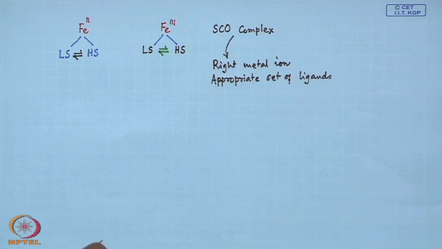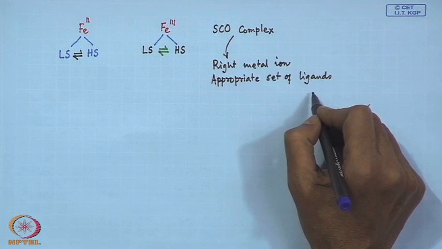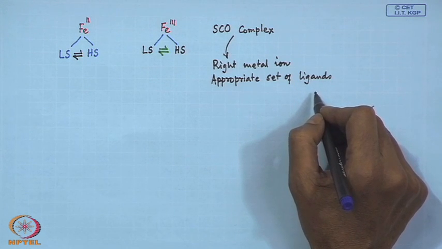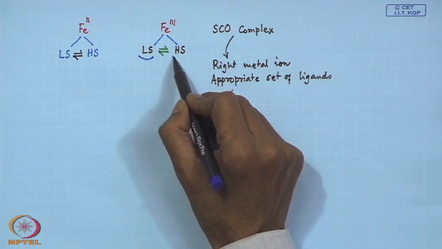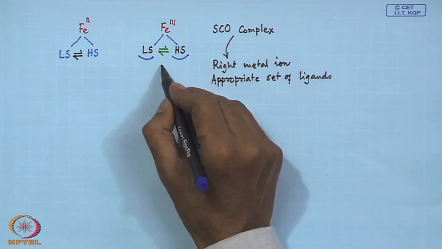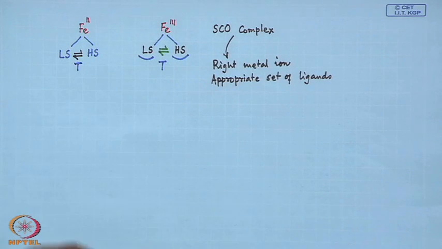These two things basically tell us that this particular metal ion in this ligand environment can have the chance to provide both high spin and low spin compounds, which is controlled by the corresponding temperature variation.